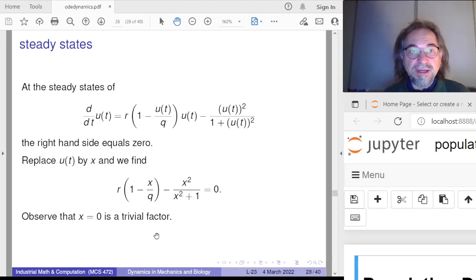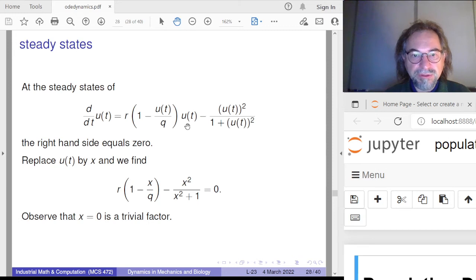Okay, so let's look at the steady states. The steady states are when the rate of change equals 0. So we will see this right hand side as a purely algebraic equation. So I will replace the u of t by x. So we have now an equation in x.